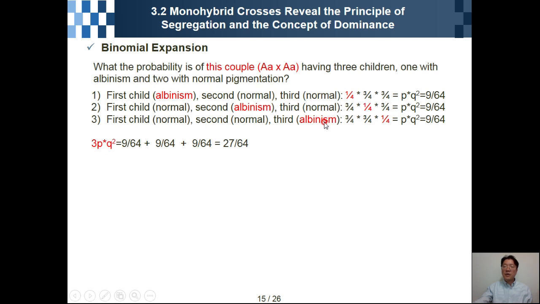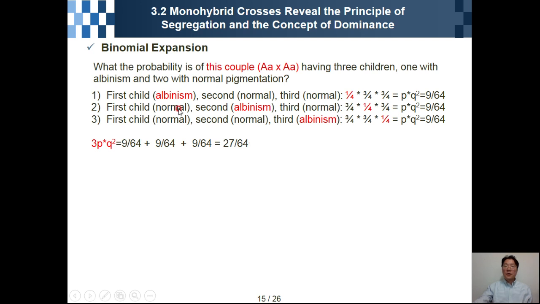It means that we have to apply the addition rule. So it will be 3p multiplied by q square, like this. So the probability will be like this.